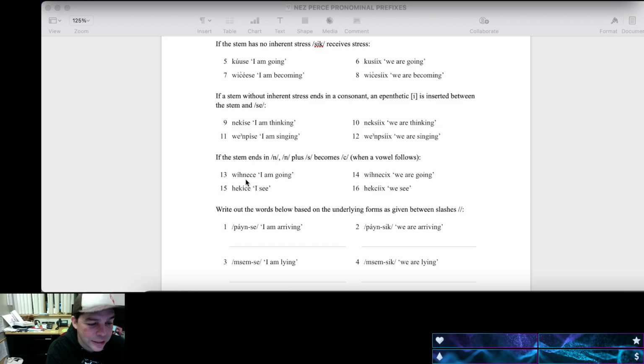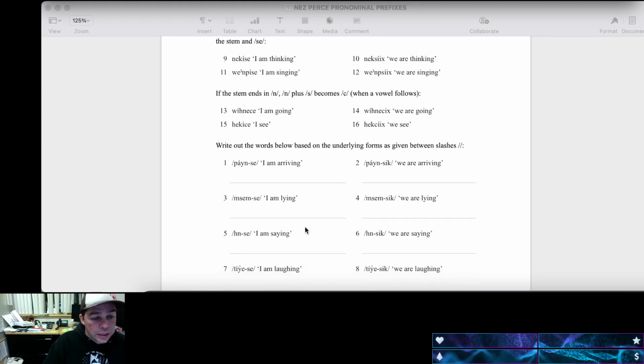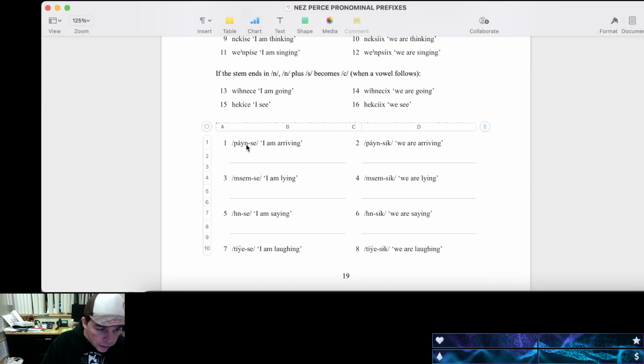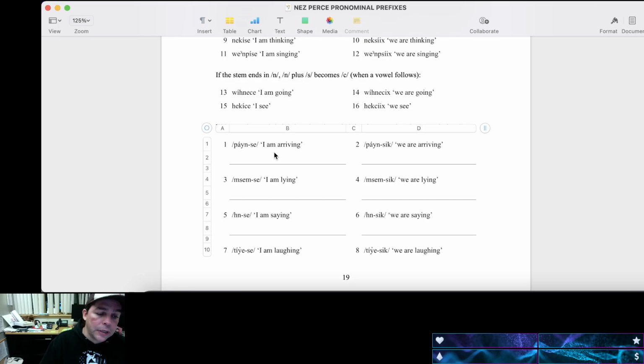It just blends them together, so it becomes wihnitsa. Here's a good example. The root word for arrive is pine. Because it ends in this N, we know that it's a C verb, because when N and S occur together, they change to C. So the conjugation for I am arriving is paitsa.